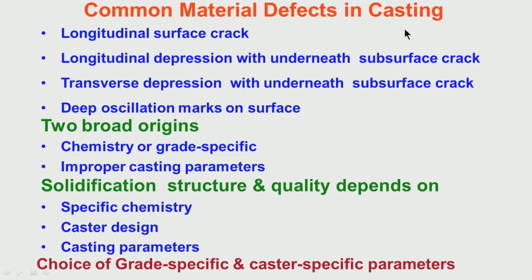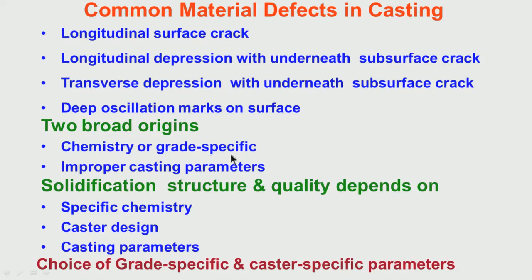I have told you about these material defects in casting. I am not talking of entrapment, I am talking of material defects like cracks and depression. They can basically originate from two broad categories: the chemistry of the particular grade, that means some grades are depression prone, so you will have more depression, more cracks on the surface, more deep oscillation marks for those grades.